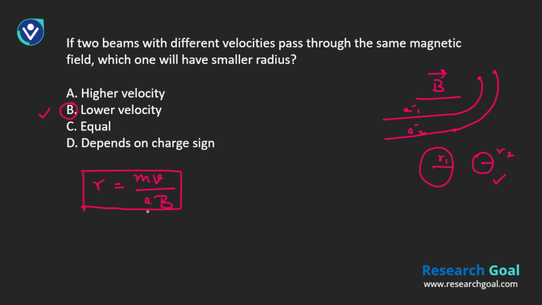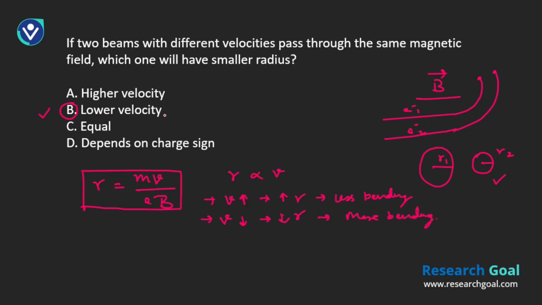Radius is inversely proportional to the magnetic field, but it is directly proportional to the velocity. So if we take this concept, with the higher velocity, it is going to have a larger radius, right? That means less bending in this case. And if you have lower velocity, that particular radius also becomes lower, that is more bending.